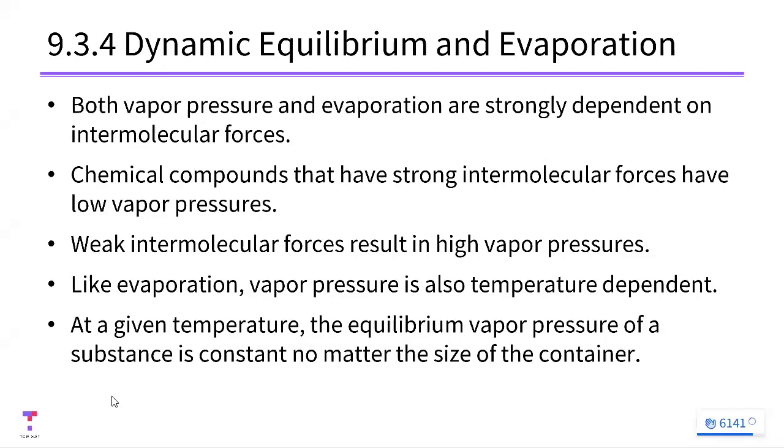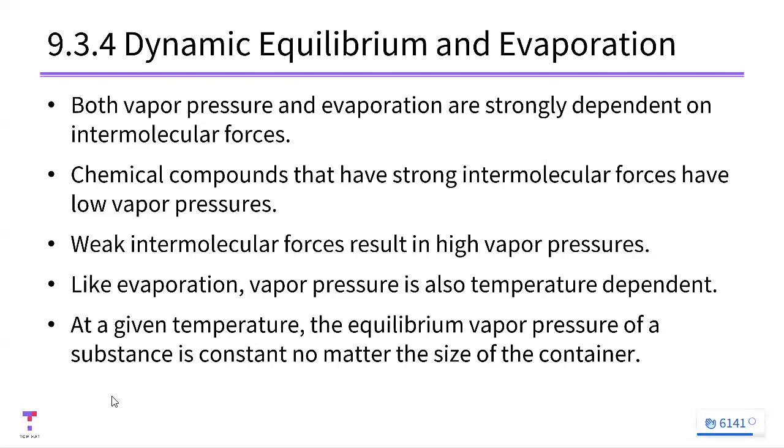The other thing that we also have to consider is that there is a relationship between temperature and vapor pressure. And this should be kind of intuitive to us. We know that when we increase the temperature, we're increasing the kinetic energy.